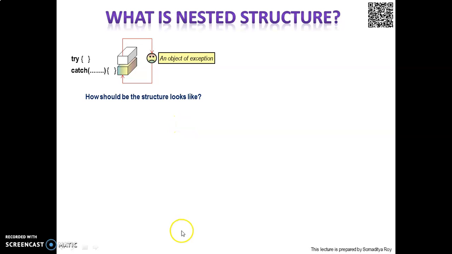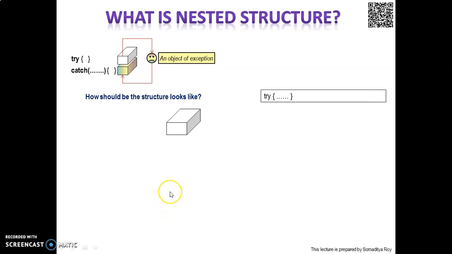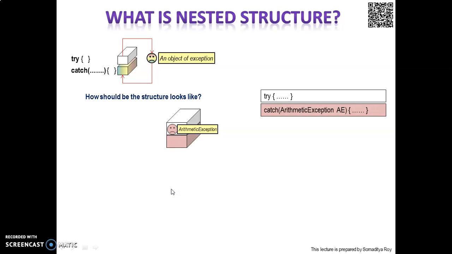So how do we construct the nested try-catch block? Let's start with a try block. Let's assume that this try block may have an arithmetic exception. So what is the immediate thing we need to do? Well, we need to include a catch block which is able to handle that arithmetic exception.